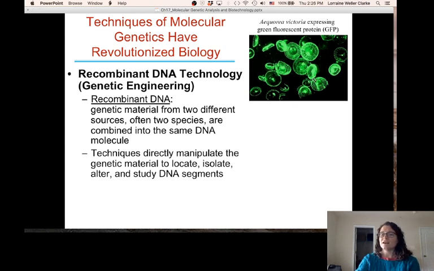One of the interesting ones that's used a lot, that you actually used in Bio 1140 if you took it here on campus, is green fluorescent protein, GFP. You'll recognize it from the GMO experiment you did to make the bacteria glow. That was the one where you shocked the bacteria, had them pull up plasmids, and then saw how many of them were expressing the green fluorescent protein by putting them under a black light.